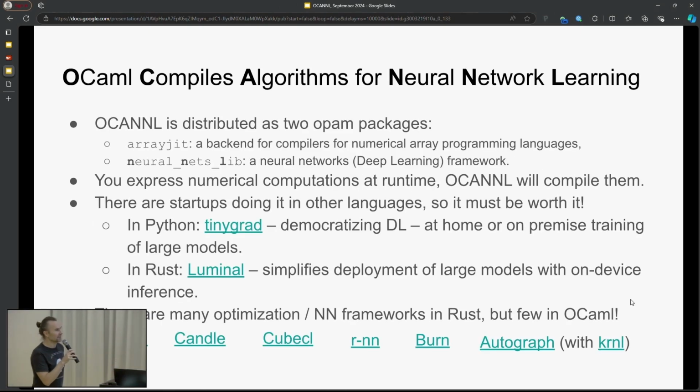And there are many such frameworks in other languages. In Python, there is TinyGrad. It's a startup by George Hotz. He quit his startup, comma.ai, where they work on self-driving cars, driving assistant.